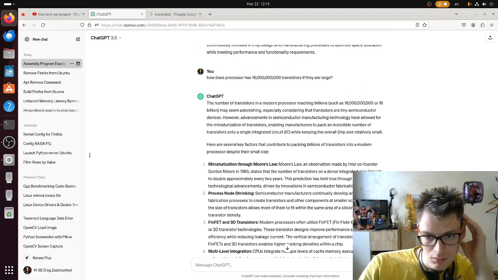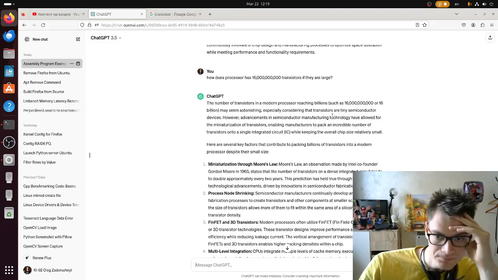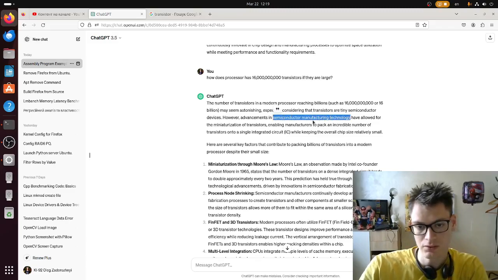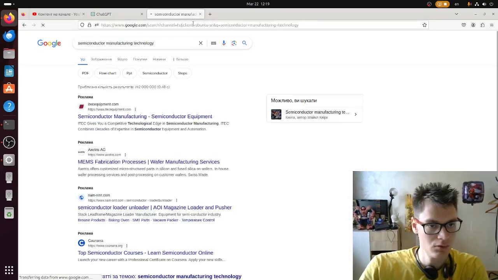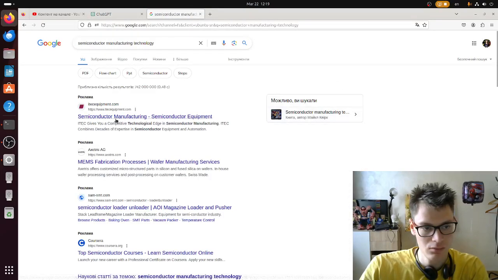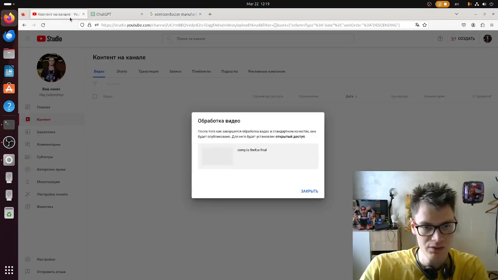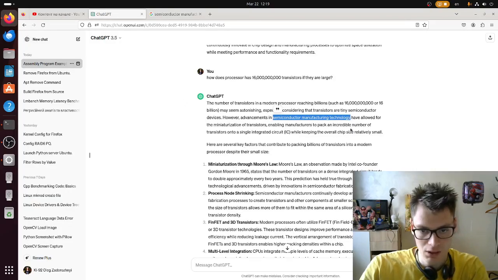However, advancement in semiconductor manufacturing technology. What is semiconductor manufacturing technology? I think it's just fabrics, factories, who made it.